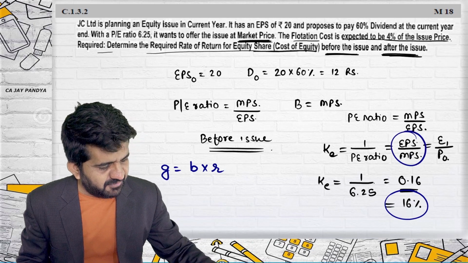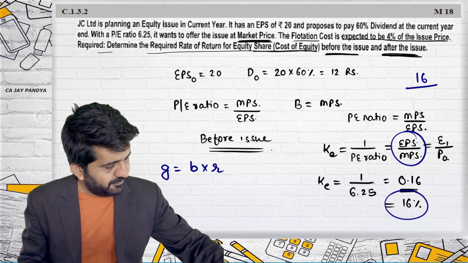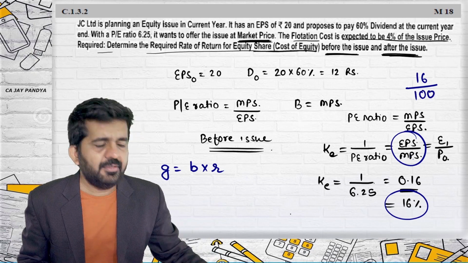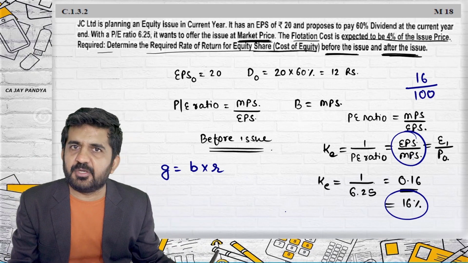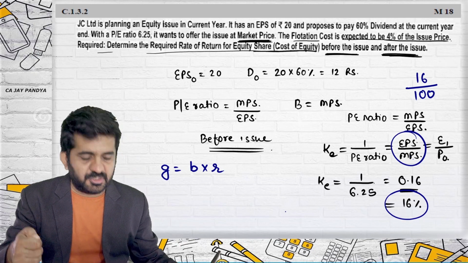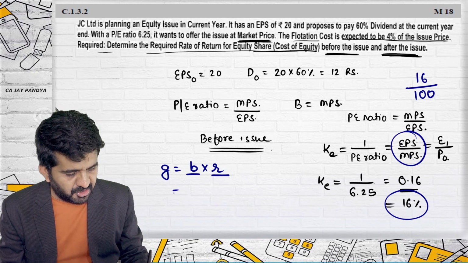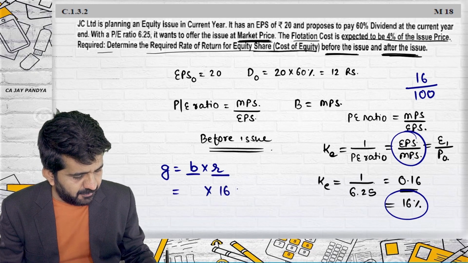It is EPS divided by MPS. So if EPS is 16, MPS is 100. That is the meaning of 16%. Investors are earning a 16% rate of return. R is rate of return. B is retention ratio, multiplied by 16%.